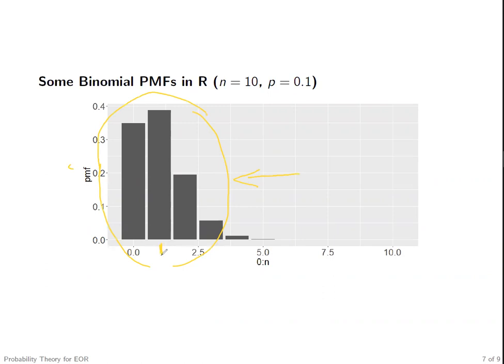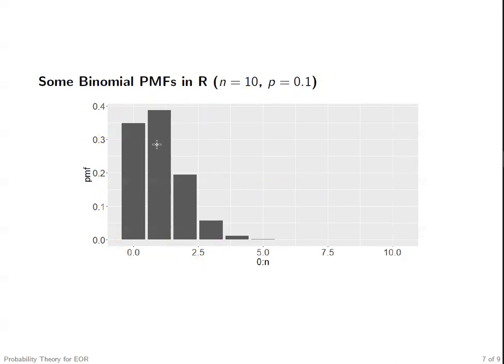And in this special case, the most likely result is 1. Out of 10 throws, it's most likely to have only 1 head. And if you consider this 1 over 10, well, it's exactly equal to p in this case. Very interesting connection between the outcomes you have and the successful rate, isn't it?